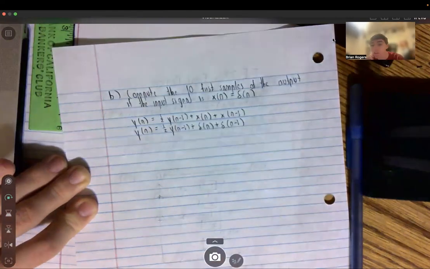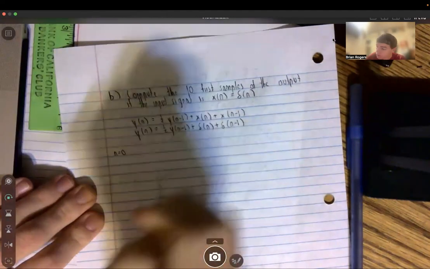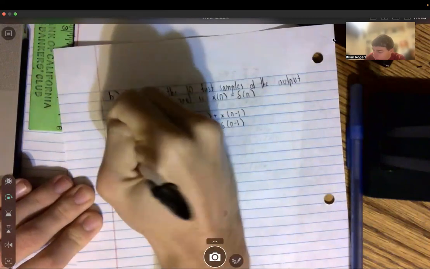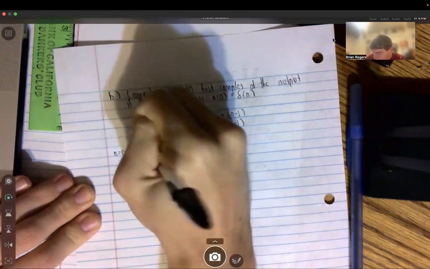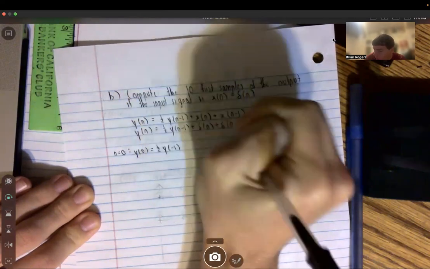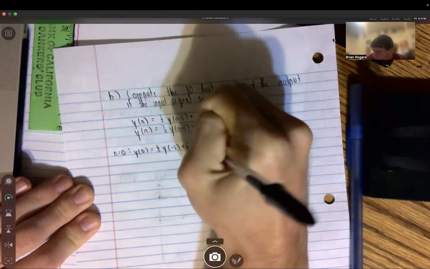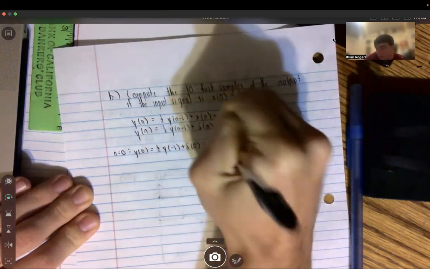Okay, so now that I have this equation, I'm going to start with n equal to 0. If I have n equal to 0, I'm going to get y of 0 is equal to 1/2 y of negative 1 plus delta 0 plus delta negative 1.